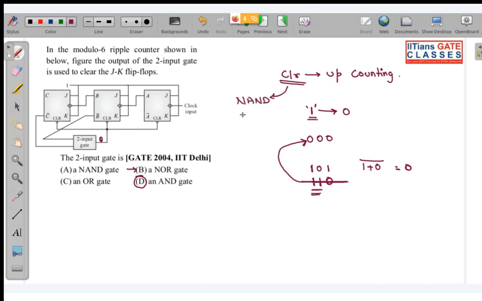A NAND gate is used when it is active low, and an AND gate is used when it is active high clear. In the last class only we have done this. So option A is correct.